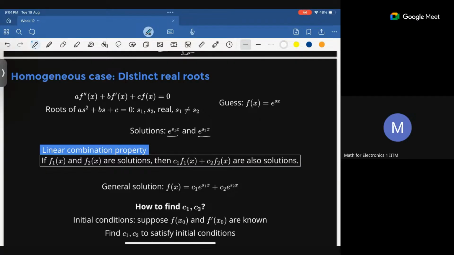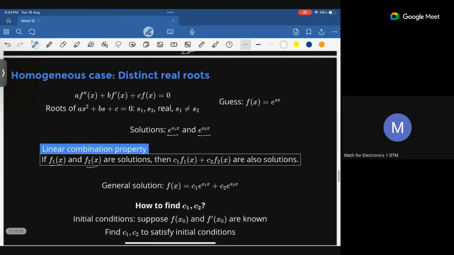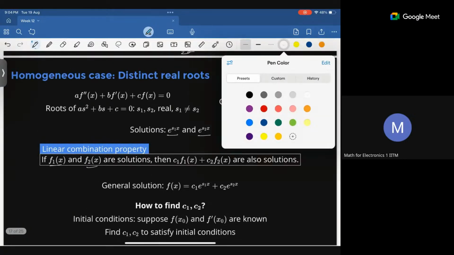So if f1x and f2x are solutions for some differential equation, then c1 f1x plus c2 f2x is also a solution, right? You can prove this very easily. You take the linear combination. I think it's an interesting thing to do.